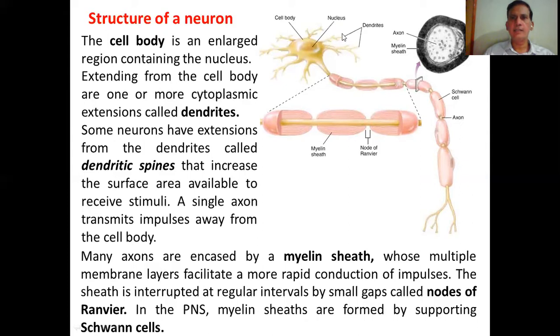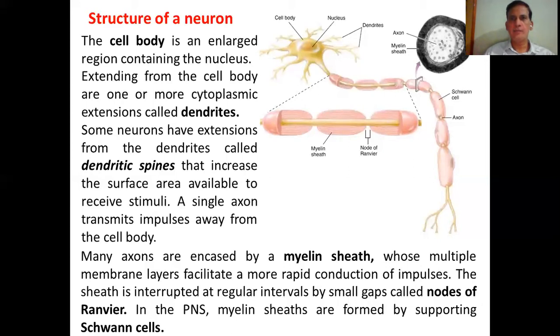Now these dendrites could further divide into fine dendritic spines. These dendritic spines are fine fibers or thread-like structures which are usually meant to increase the surface area of the dendrites so as to receive stimulus from a large area.